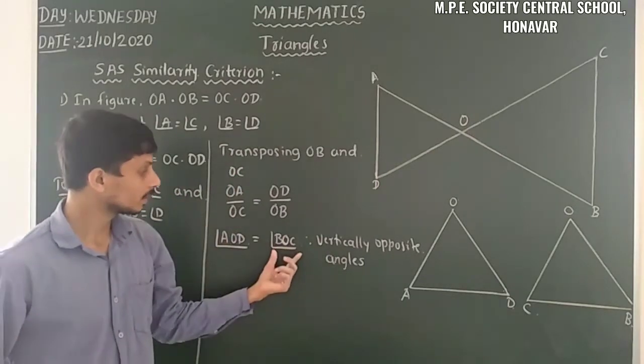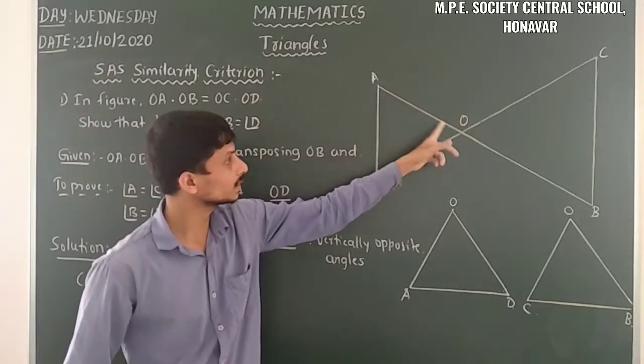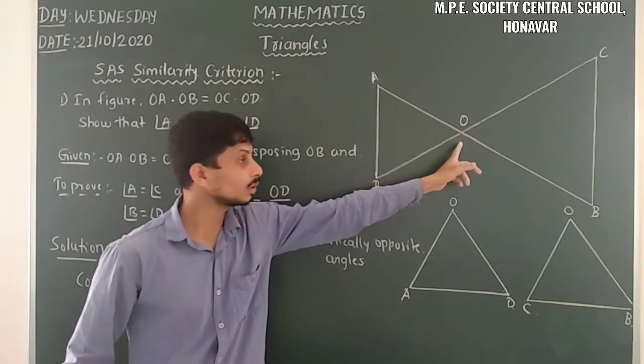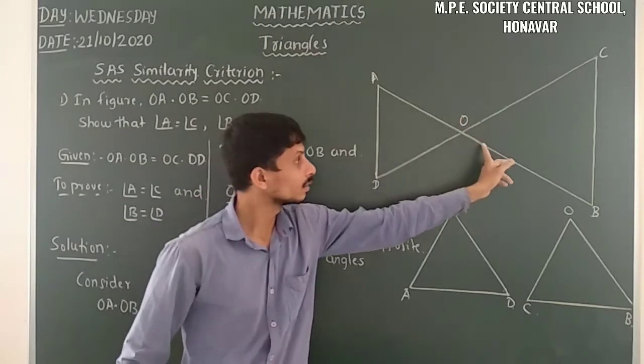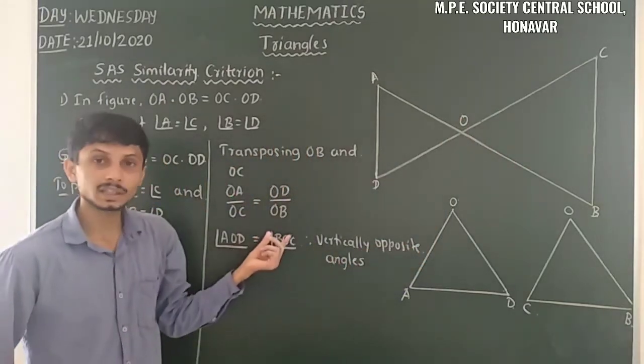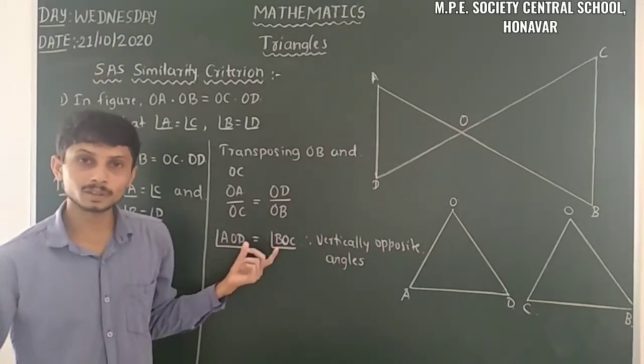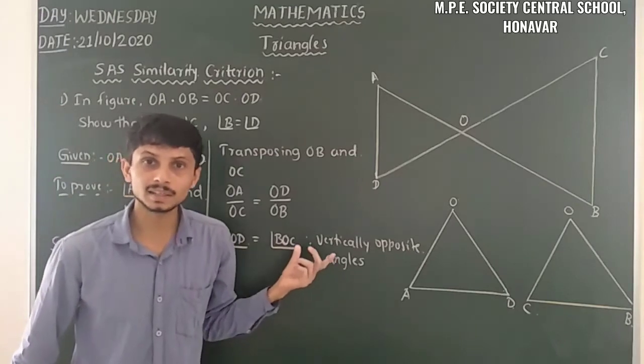For angle AOD, the other side is OD, and for BOC it is OB. When we take the ratio of those, the two are equal. So here it is eligible for the SAS similarity criterion.